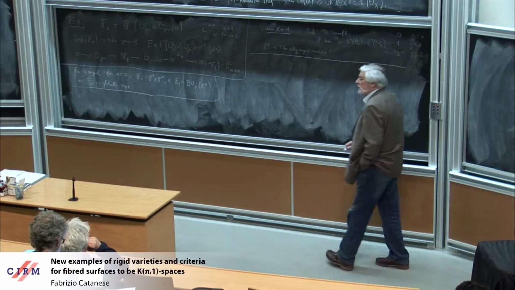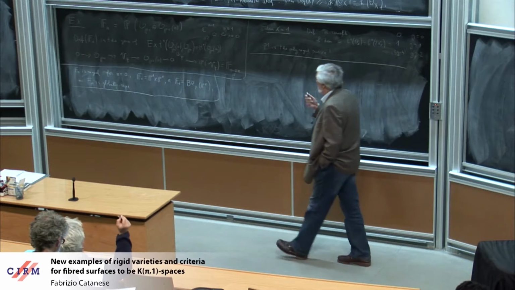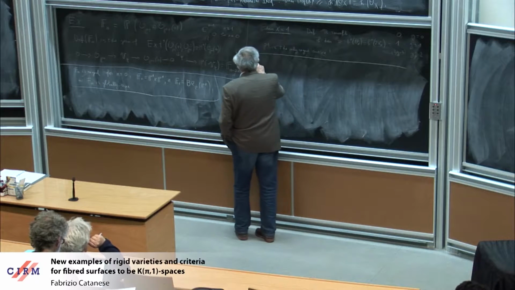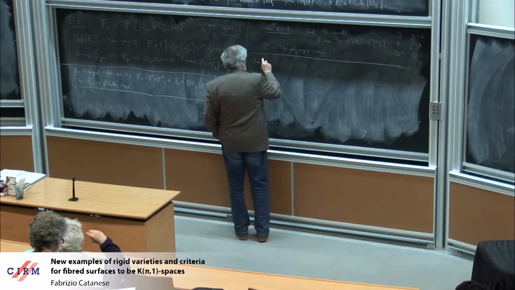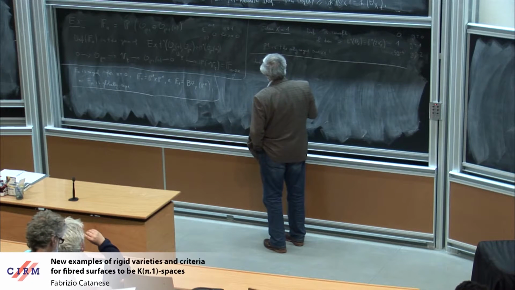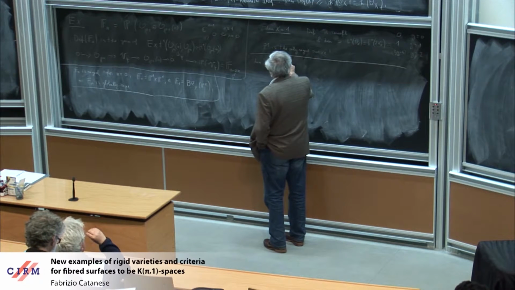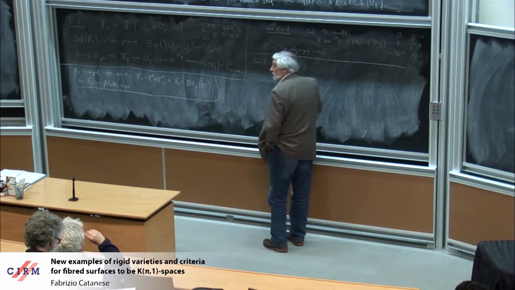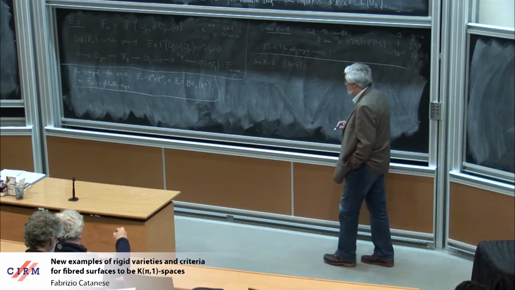So let's go to dimension 2, and I should say that I will mainly focus on this case. And when I say dimension of X equals 2, sometimes I will denote X by S, which means a smooth surface.